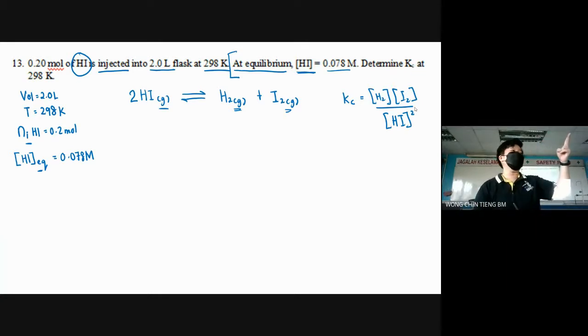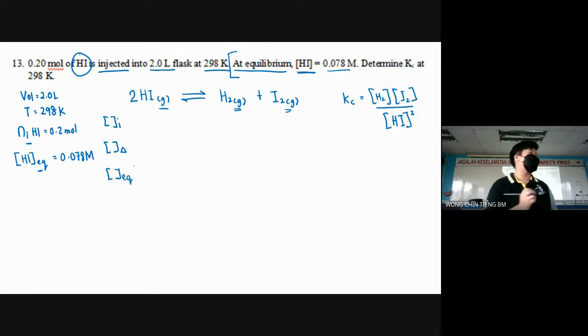Kedua, bila nak buat ICE table, satu je kamu kena fikir. Aku nak buat dalam number of mole, pressure atau concentration. Up to you. Number of mole boleh, pressure boleh, concentration boleh. Nak buat concentration. Okay. So you decide. Because when I say you decide, bila kita pilih nak buat concentration, the initial, the change, the equilibrium, everything must be in concentration.